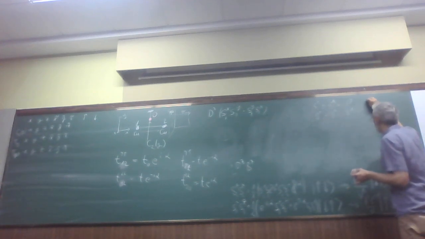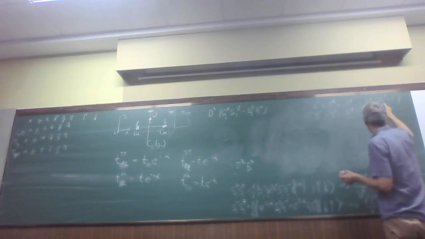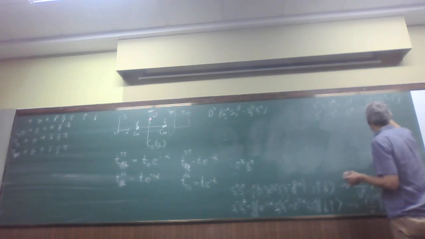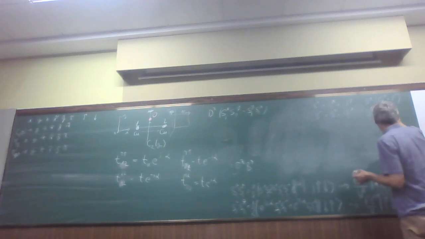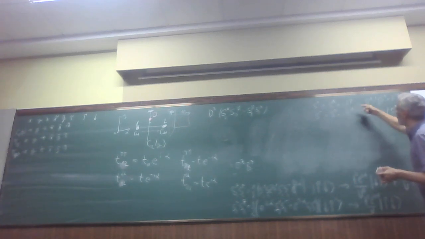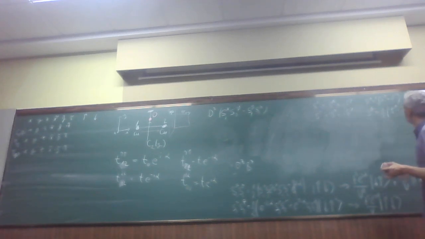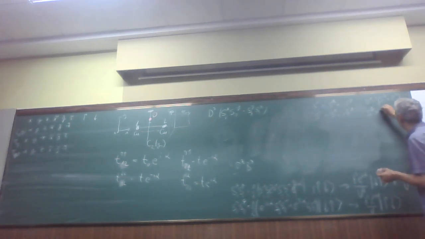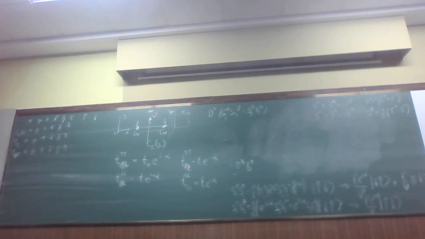Then Sx is like S plus plus S minus, and the factor here is 1/2. I don't know whether we put that here or there. Sy is like half S plus minus S minus, and I think i is in the denominator. Okay, right. So I can put it here, same side. Good. Very good. So we have those two guys.